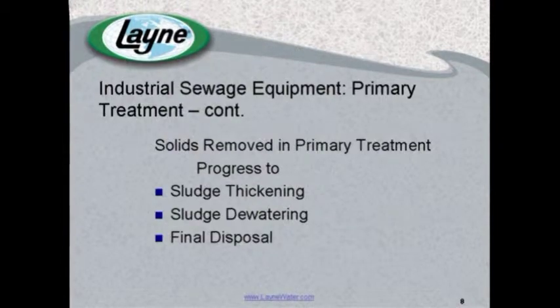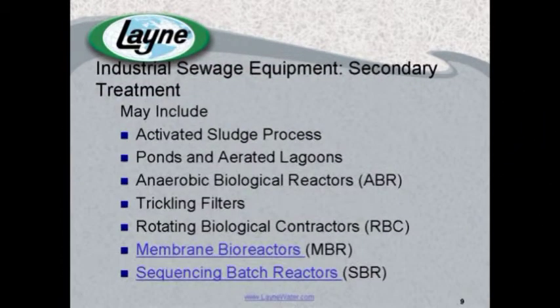And the hallmark of secondary waste treatment is what is known as the conventional activated sludge process, CASP. It's been around for well over 100 years and works very well. But there have been some significant advances made in the last 50 years or so.